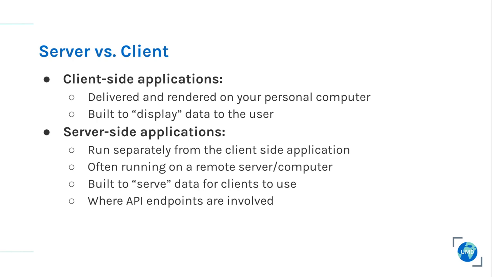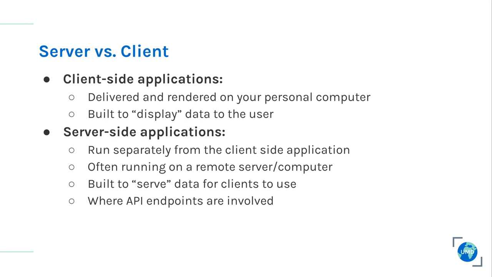So server versus client. There's two sides of applications, a server-side application and a client-side application. The server-side of an application could be thought of as the kitchen where all the cooking and heavy preparation is done behind the scenes. It runs separately from the client-side application, and it often runs over a remote server or computer that the user does not often have direct access to.